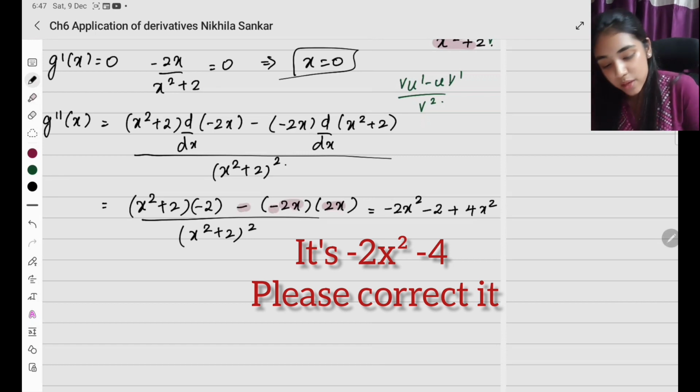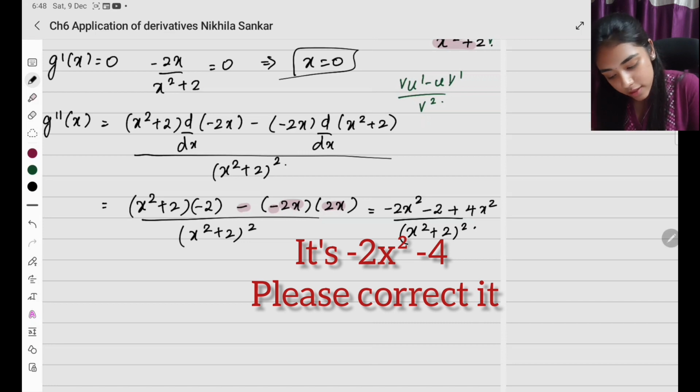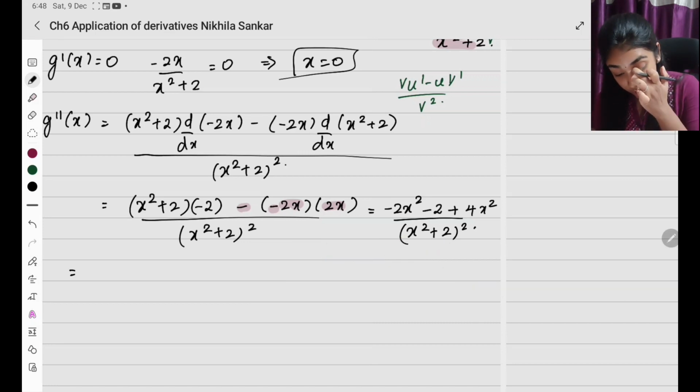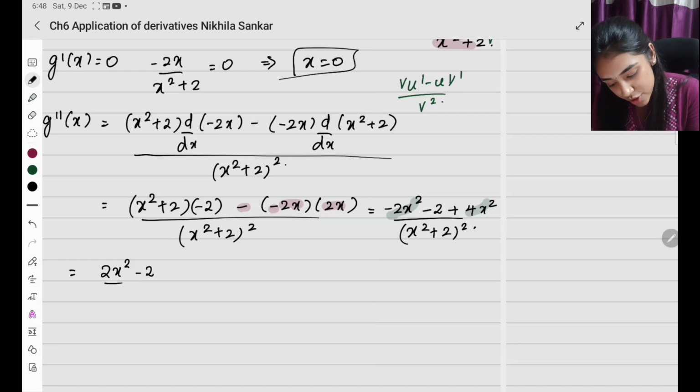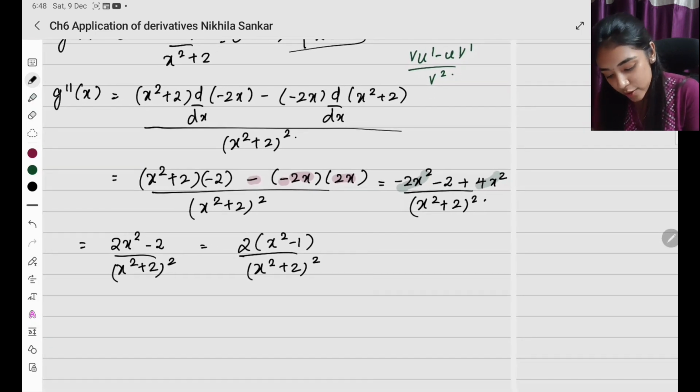Minus and the minus becomes a plus. The whole divided by x square plus 2 the whole square. Simplifying minus 2x square and plus 4x square, I'll have 2x square. So 2x square minus 2 divided by x square plus 2 the whole square. When I take the 2 outside, I have x square minus 1 divided by x square plus 2 the whole square. Now I need to substitute the critical point.